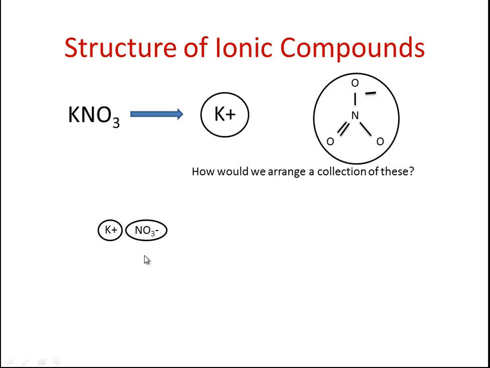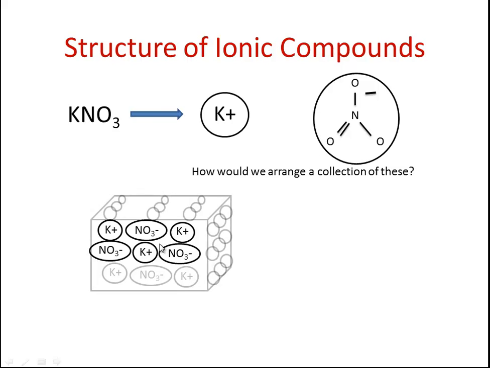So I think a better idea would be to put the nitrate right next to the potassium, and then follow that with a potassium, okay? And then let's say we want to start another row here. Well, then you'd want to put the nitrate right underneath the potassium, tuck a potassium in here, and so on. You would do this not only up and down and side to side, but also in depth to make a three-dimensional solid.